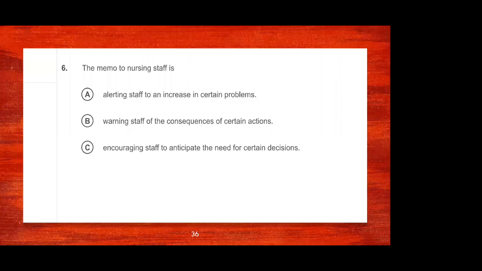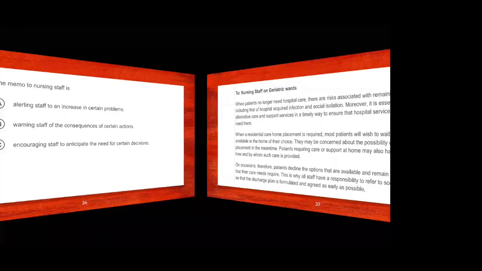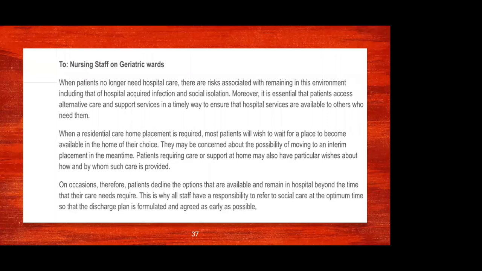Yeah, they're giving an alert. Second one is they're warning the staff of the consequence of certain action if they do not take appropriate action at the right time. Okay, they are talking about the consequences. Third one is encouraging staff to anticipate the need for certain decisions. Okay, so it's a straight question. You can see.